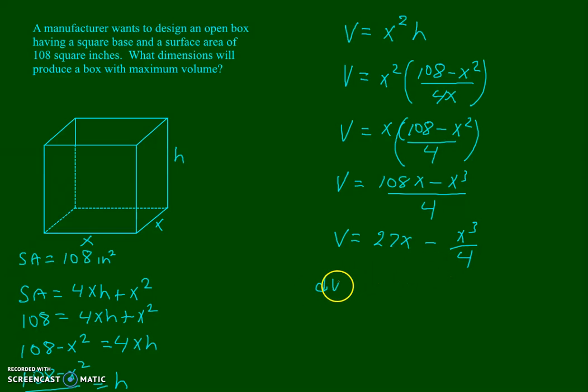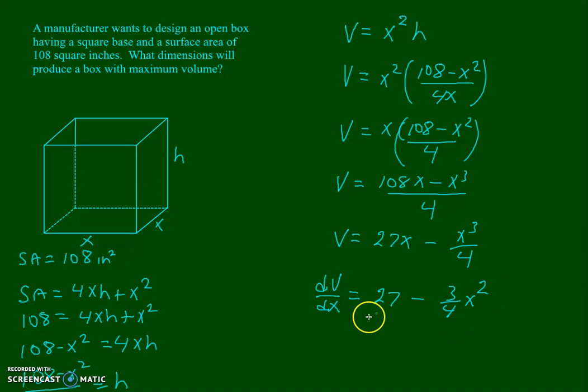So dV/dx, or we could have said just V prime, is 27 minus 3/4 x squared.